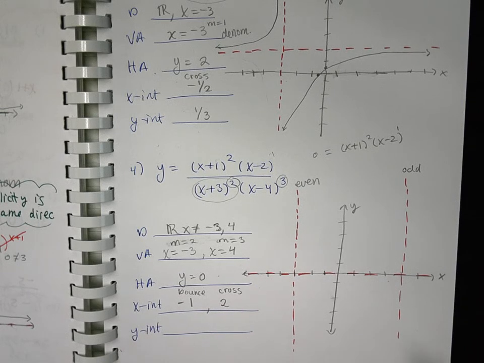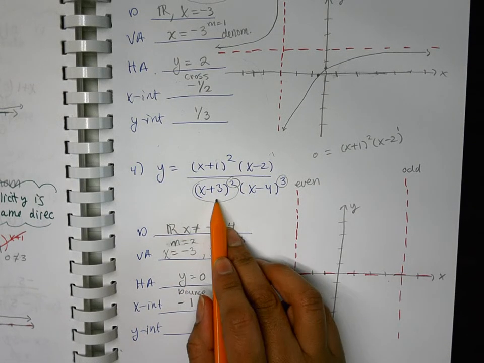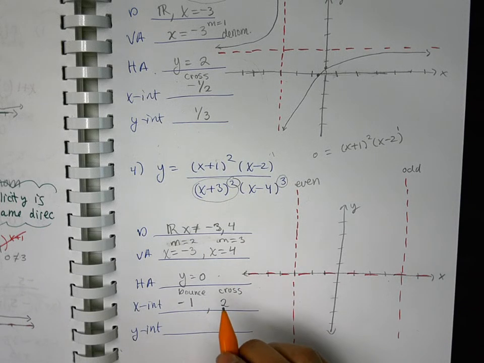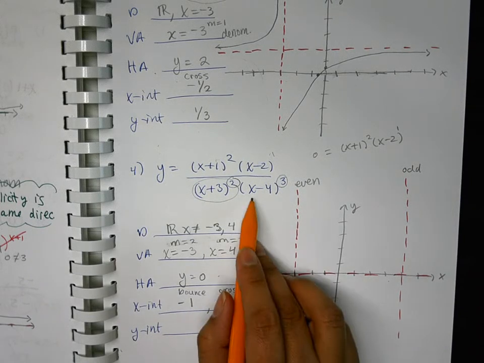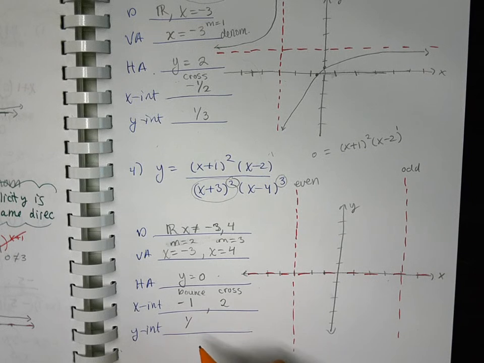Zero plus 1 squared, 0 times -2, 3 squared, 4 cubed, or -4 cubed. Anybody have it? Positive 1 over 288. All right. 1 over 288. He plugged it in.